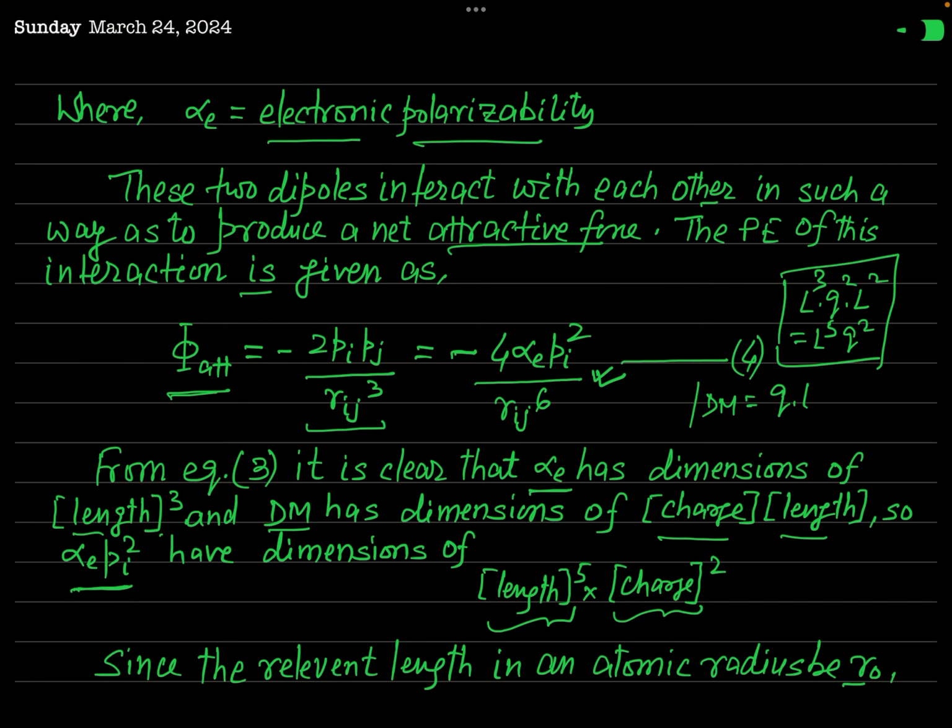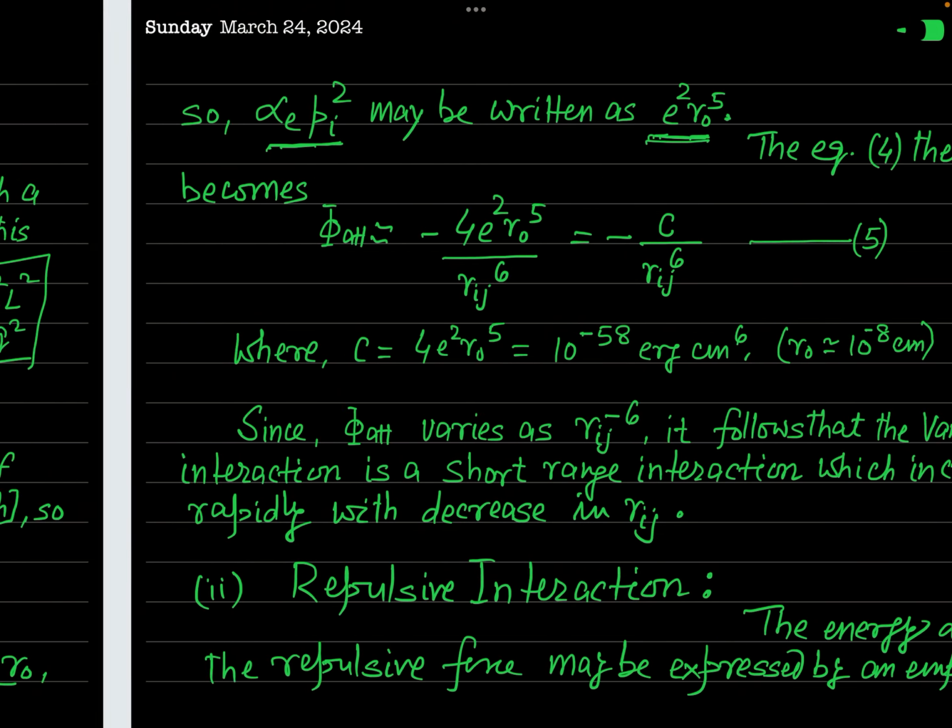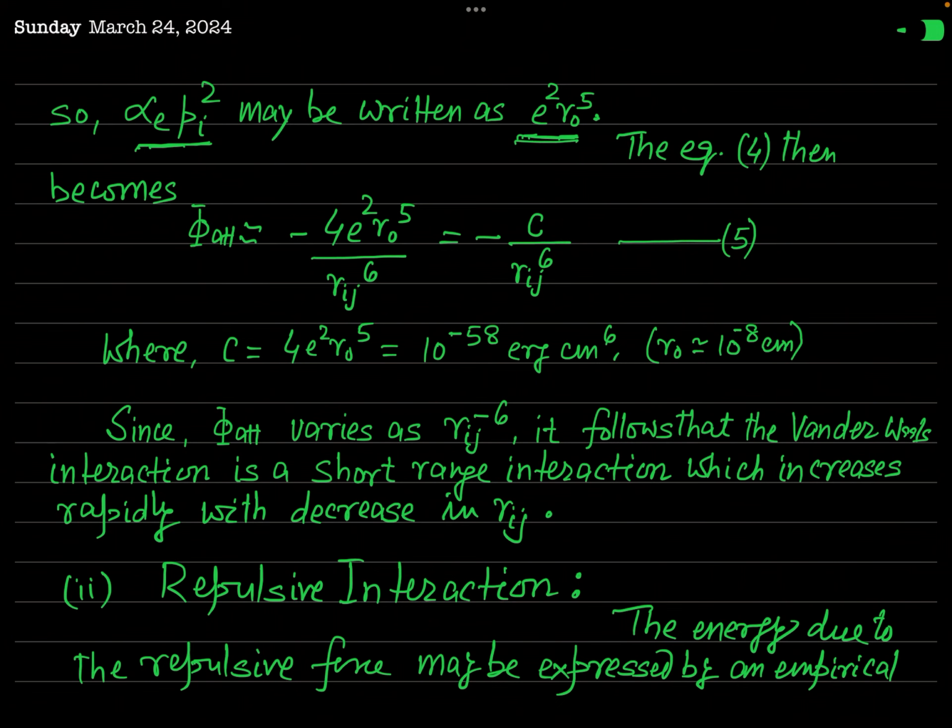In the expression of phi attraction defined in equation 4, on the RHS, we can replace alpha E times pi square by e square times r0 to the power 5.